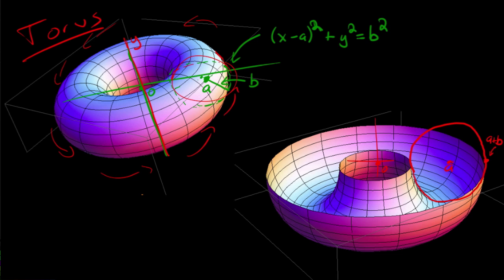Instead of using this circle, if you take a look at this cross section, this is basically a washer. Let me draw the washer right here.